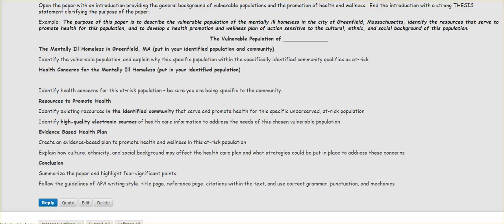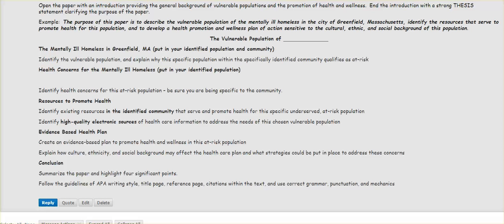Keep your mind and focus on this population as being outside of the acute care setting. So you have to be thinking far more globally and thinking in population health terms. The evidence-based plan is a plan that would be implemented within the community resources, not in acute care.